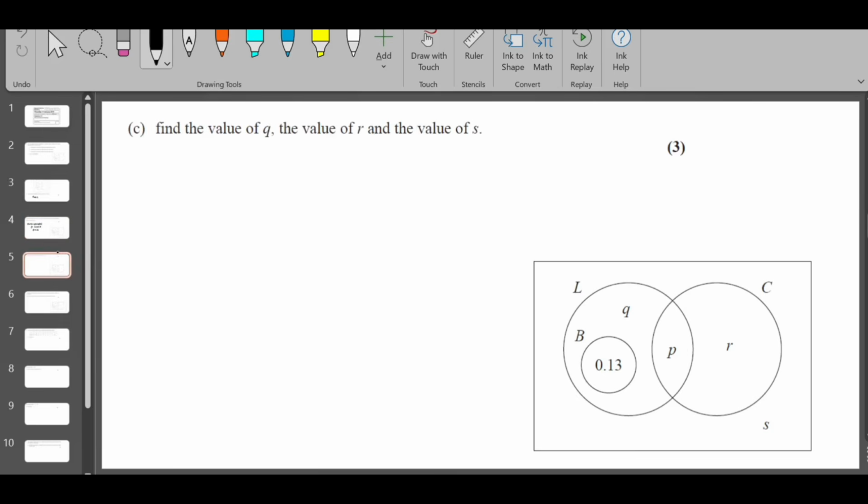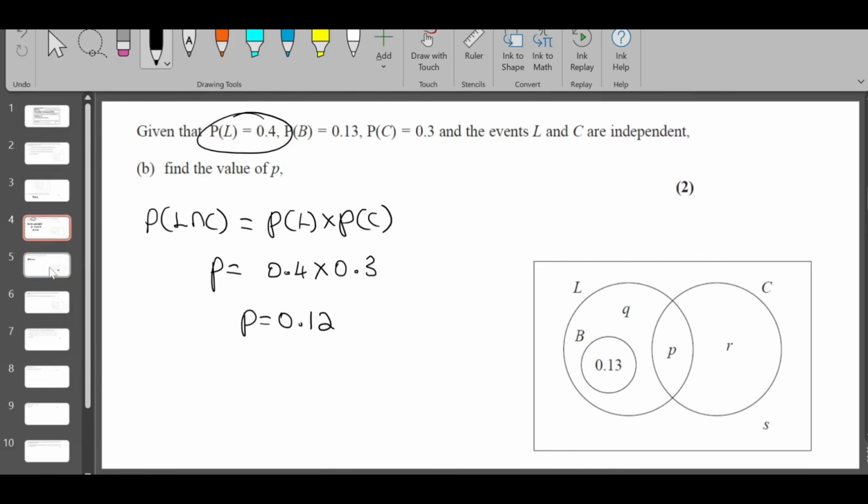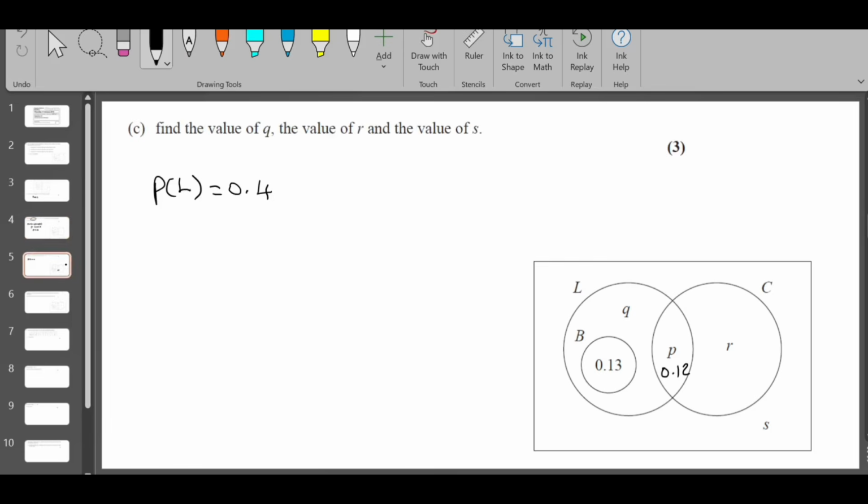Part C. Find the value of Q, R, S now. We know the value of P already, 0.12, and we know P of L is equal to 0.4, it's given here. So I add everything inside L: 0.13 plus Q plus P is 0.4.